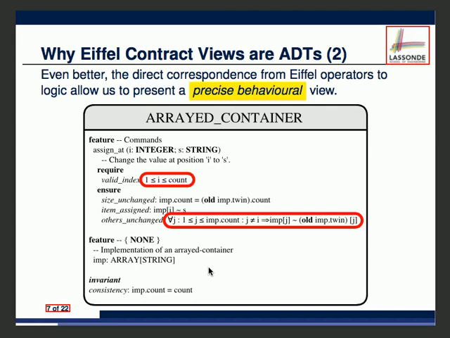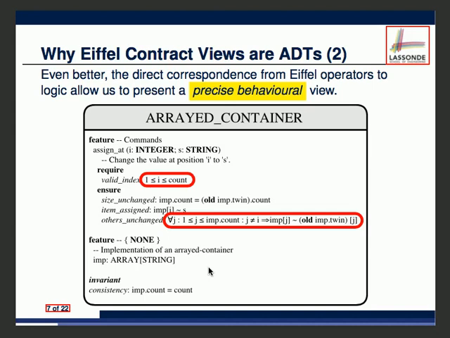Any more questions before I move on? Yes? I agree the use will hide it, but in the ensure requirement, it still shows. It's okay, because ensure is for the supplier to guarantee what should be done, right?